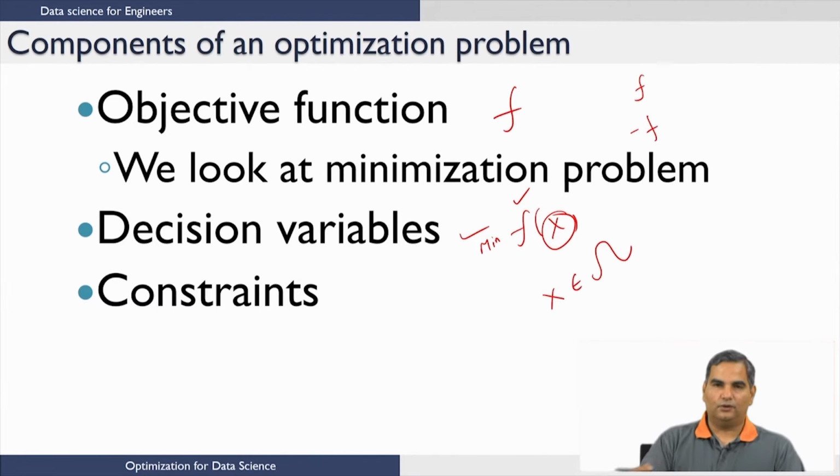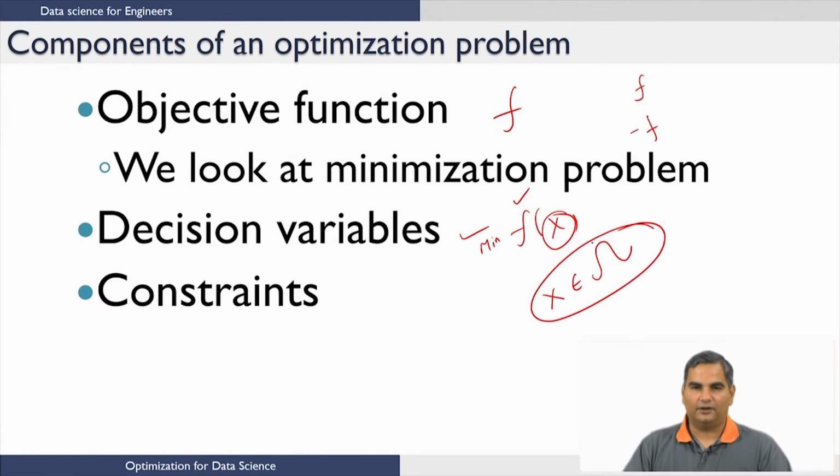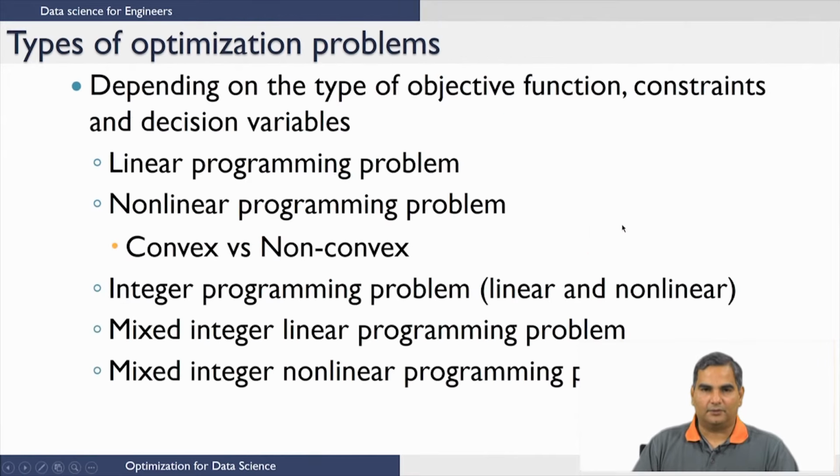So, whenever you look at an optimization problem, you should look for these three components. In cases where this is missing, we call this an unconstrained optimization problem. In cases where this is there and we have to have the solution satisfy these constraints, we call them constrained optimization problems.